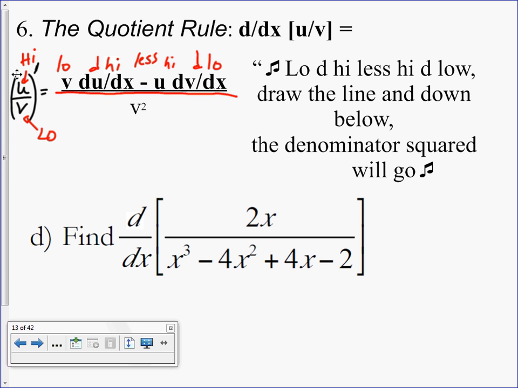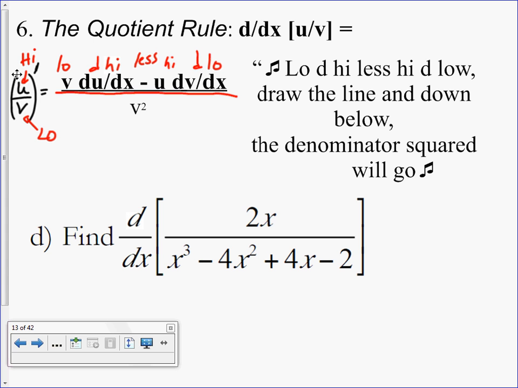Again, low d high, less high d low, draw the line, and down below, the denominator squared will go. You got it?